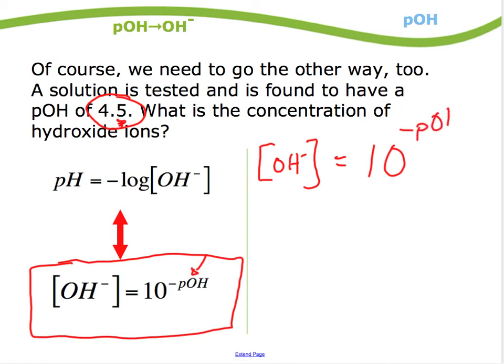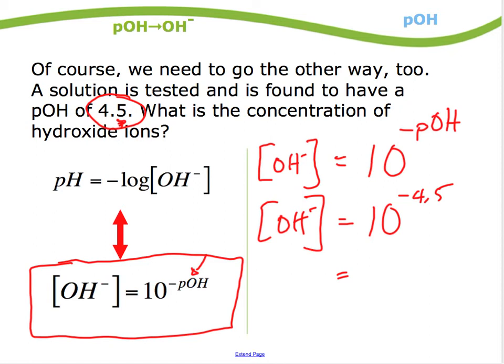You know, I actually like to write the formula down every time, just as a matter of habit. So I write the formula, then I plug in my numbers. Negative 4.5. Okay, so off I go to my calculator. So I have to go 10 to the negative 4.5 equals.